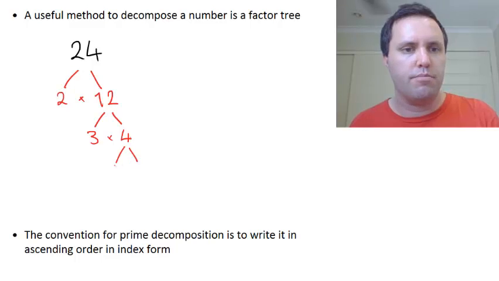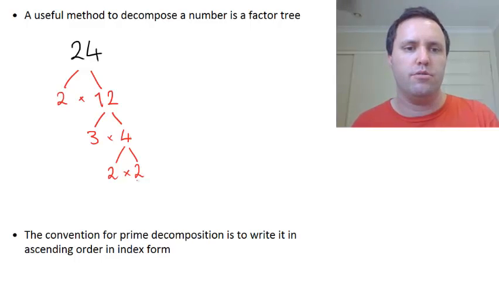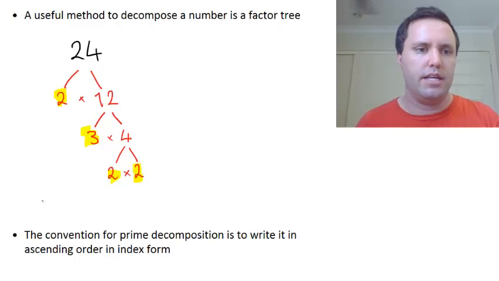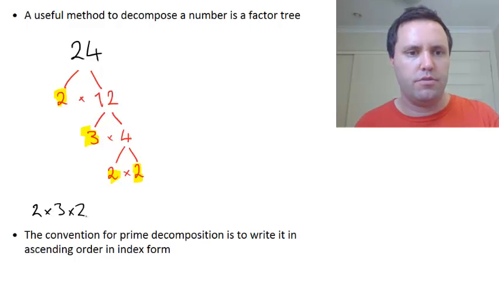4 is composite, so what we can make 4 with is 2 times 2, prime numbers. Once we've finished with the primes, we can write down that the prime decomposition according to this factor tree is 2 times 3 times 2 times 2 equals 24.